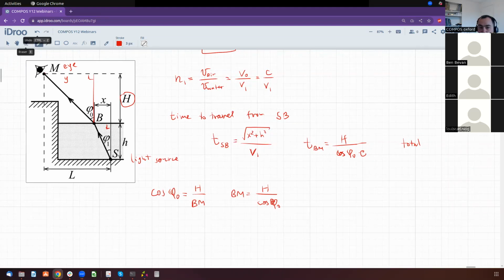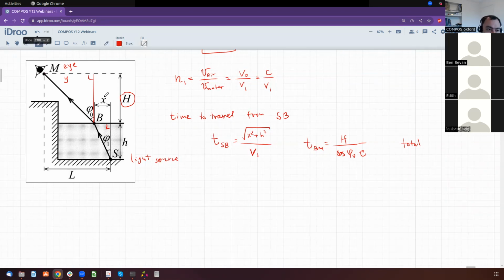Right, so that is. Now this would lead us to have a new variable here.